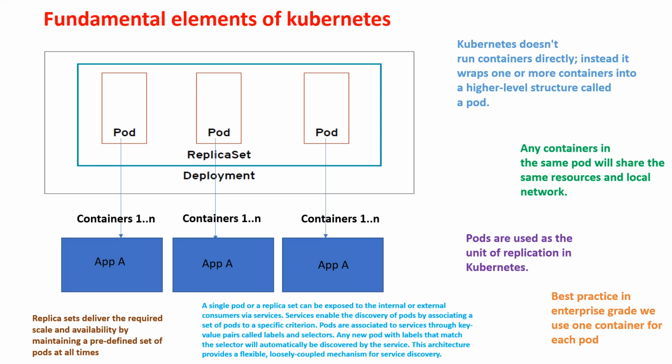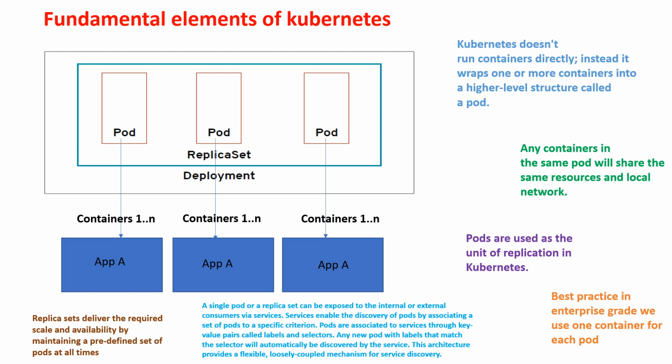Assume I have an application ABC which is running in different pods, as you see here. There are three pods running the application ABC, the same application, with high availability: pod A, pod B, pod C. For example, I'm going to create a new pod, named pod 4, with the same label and same selectors as pod 1, pod 2 and pod 3.